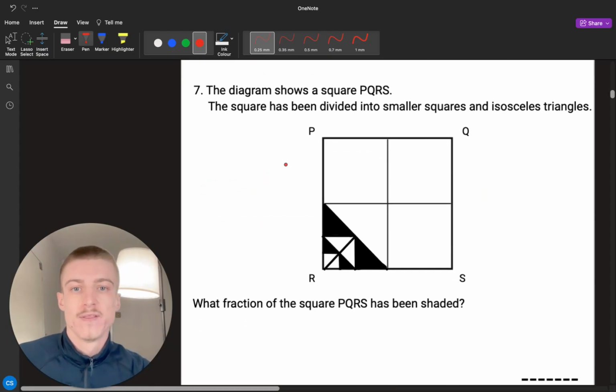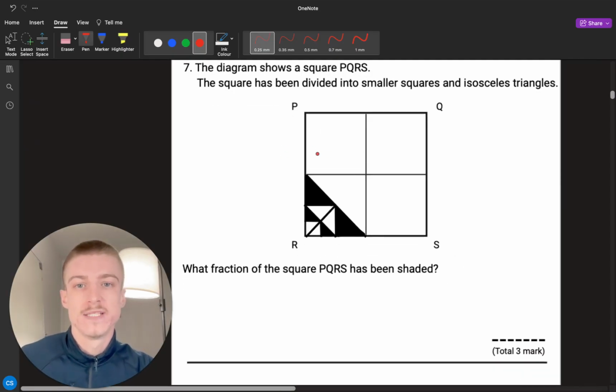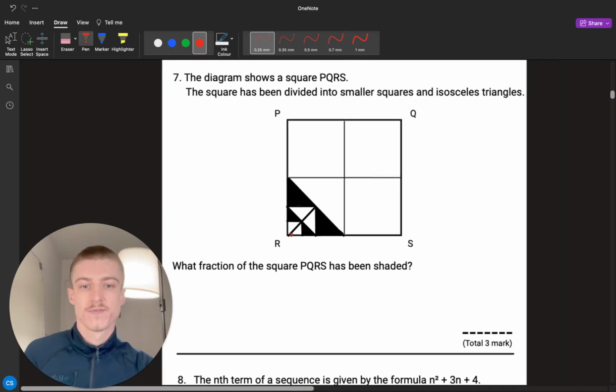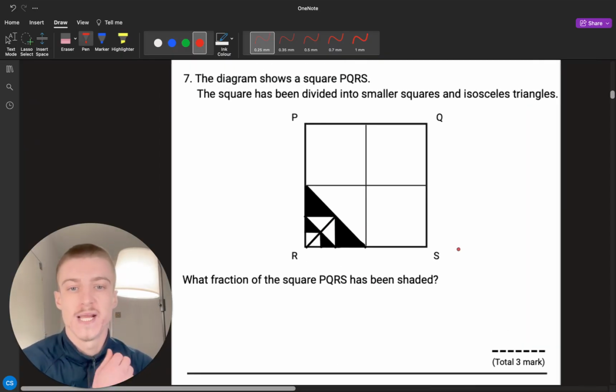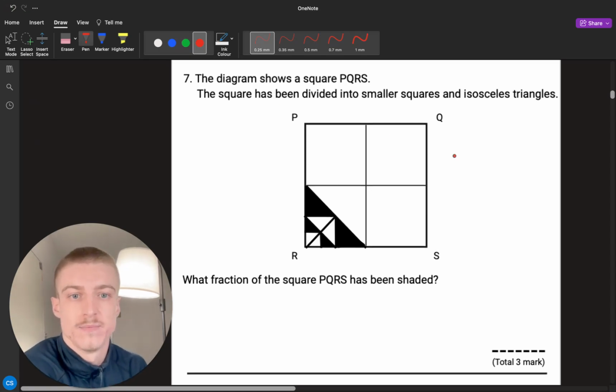Okay, question 7. The diagram shows a square, PQRS. The square has been divided into smaller squares and isosceles triangles. What fraction of the square PQRS has been shaded? Okay, this one's going to get a little bit messy, so stay with me.